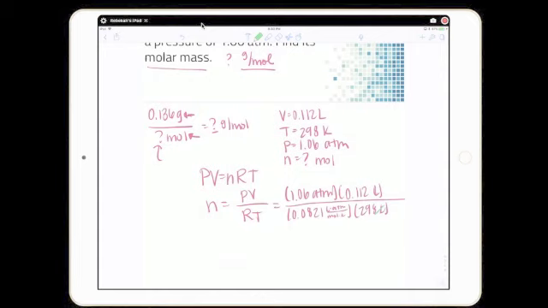My Kelvin cancels, my liters cancel, my atm cancels, 1 over 1 over mole is mole. So that's good, that's what I want.